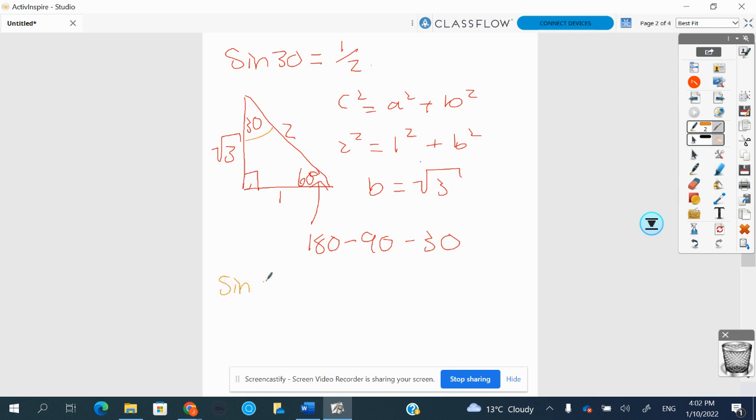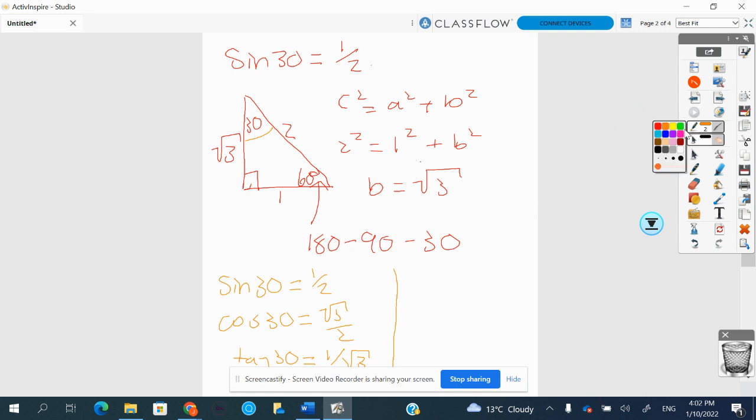So sine of 30, we know, is 1/2. Cos of 30 is adjacent over hypotenuse, so the square root of 3 over 2. And tan of 30 is equal to opposite over adjacent, so 1 over the square root of 3.